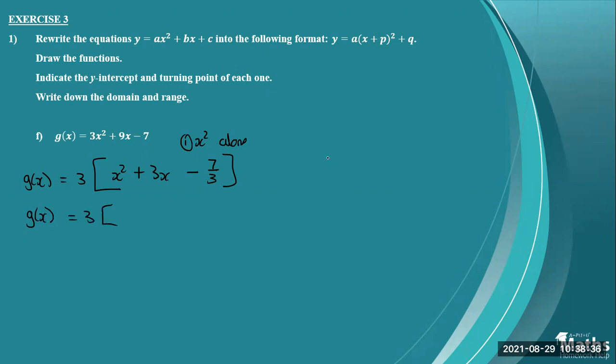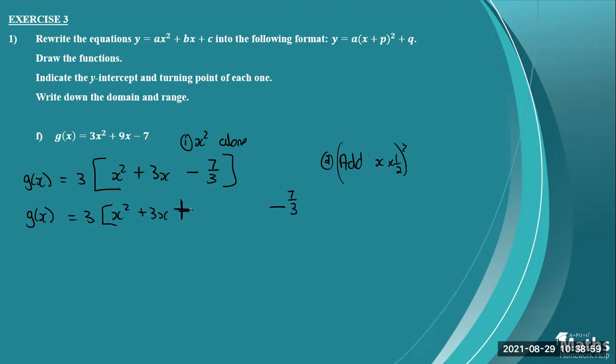Next step, we're going to add the coefficient of x. So add the coefficient of x, multiply by half, and square it. x squared plus 3x. Please remember to keep your whole number there right at the end.